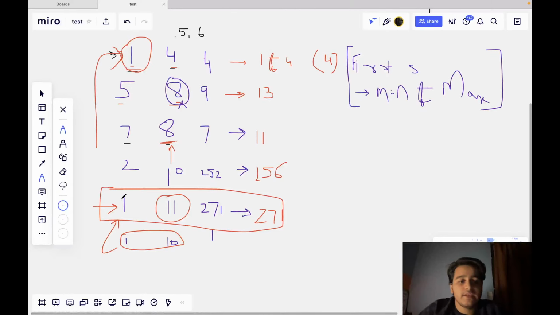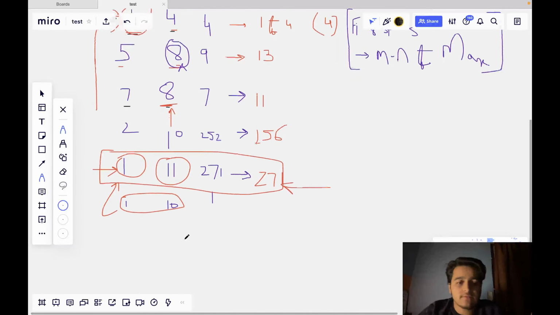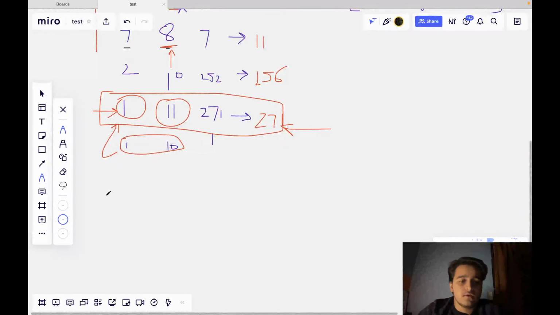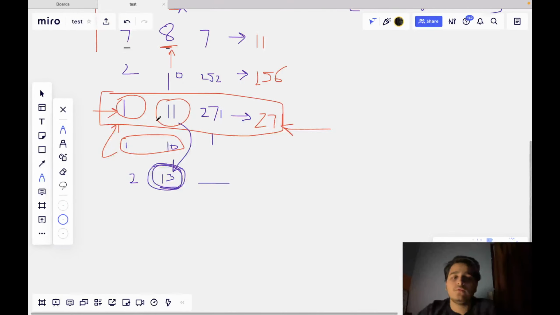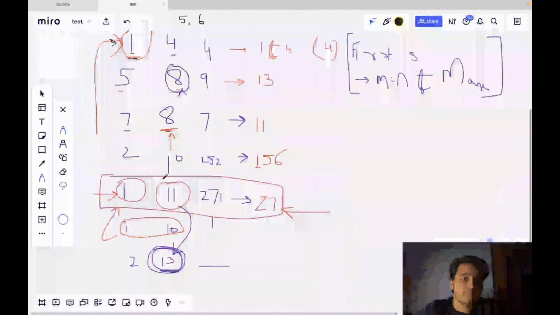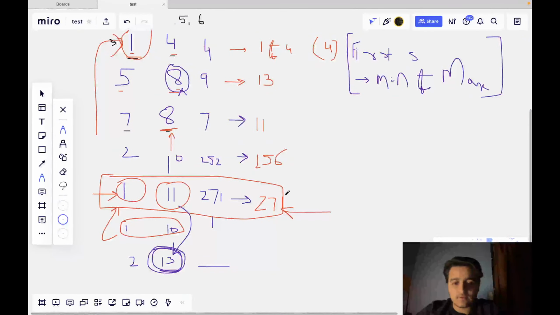Suppose there may be other segments too, like 2 to 13. Unless I get a maximum greater than the previous maximum, I need not change this segment, because it has all the integers from the minimum to the maximum. So this will be the answer.